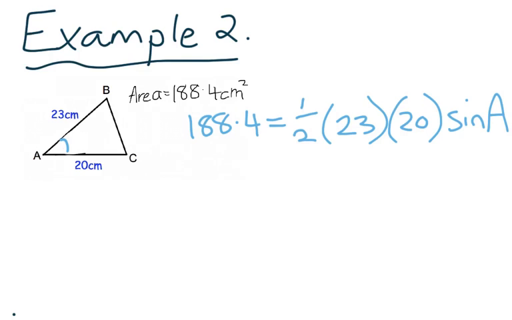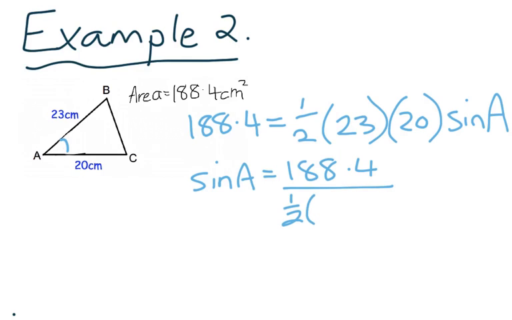So to work backwards, we need sine of A is equal to 188.4 divided by half times 23 times 20. Because all I've done there is move this section over to the other side, and because it's currently multiplication, it becomes division on the other side.